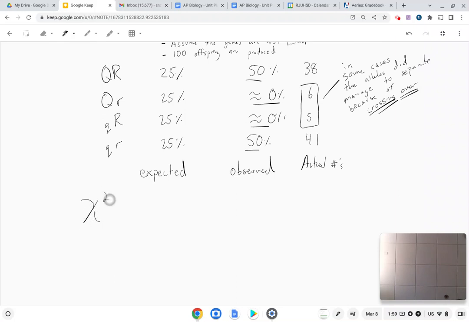it looks like this. Chi-squared is a measure of the difference between observed and expected values.